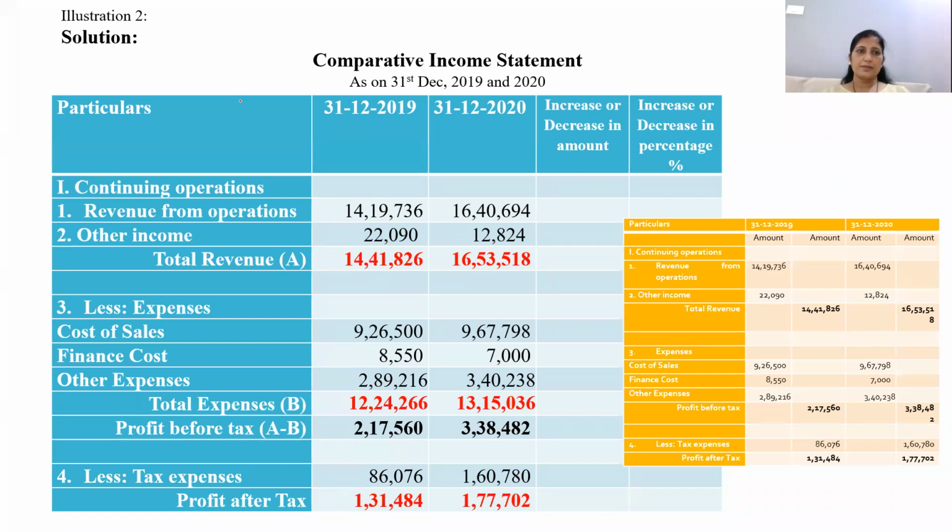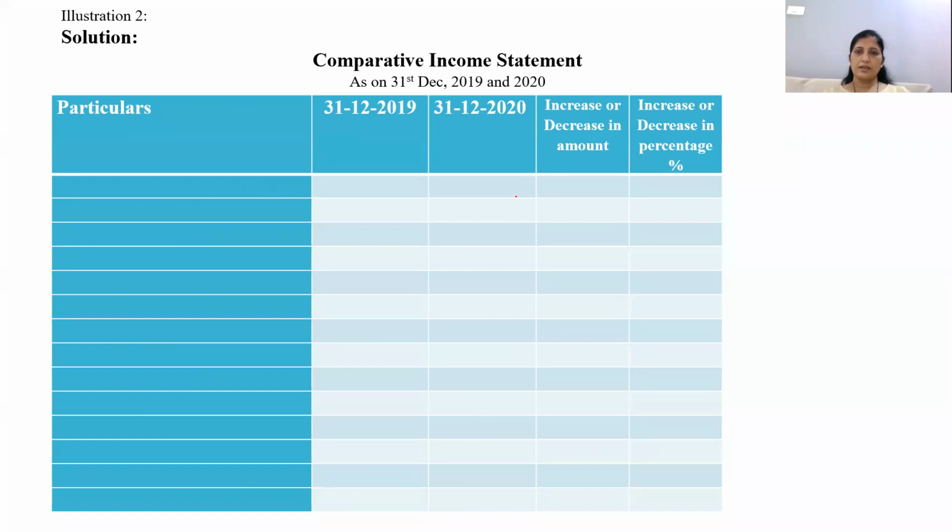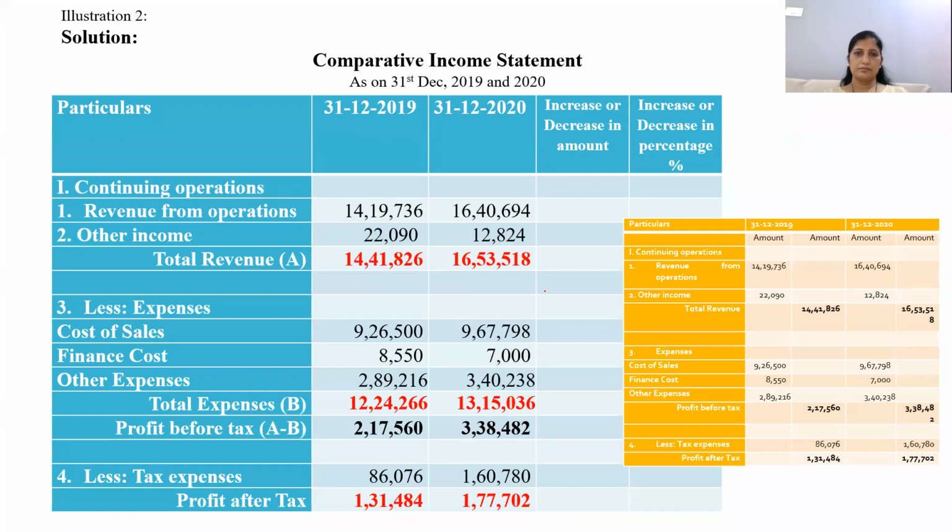Now you see this in the table. This is your problem. All of you can see this. This is the income statement that is given to you. Now you see whatever is written in this particular column, I have copied it as it is here.